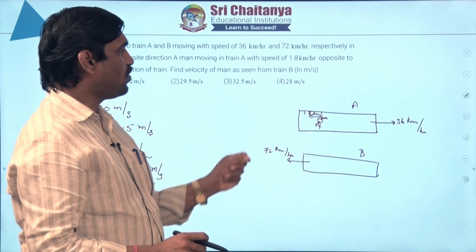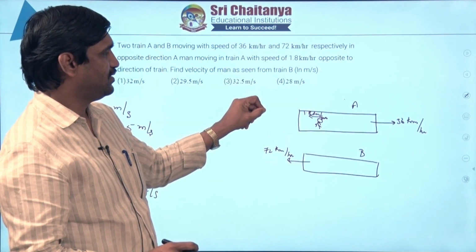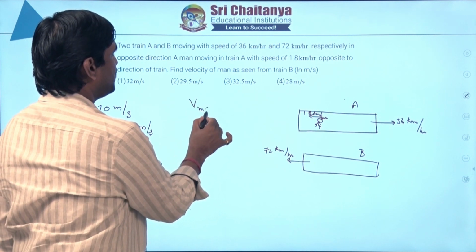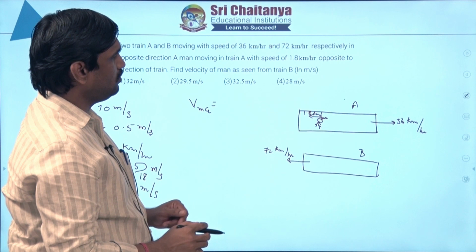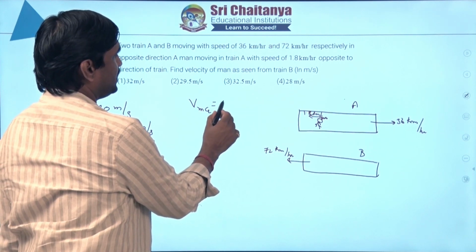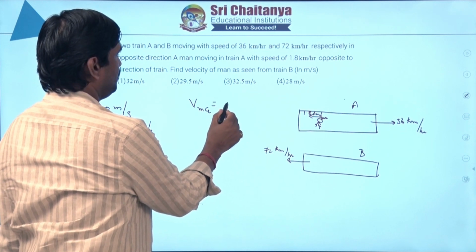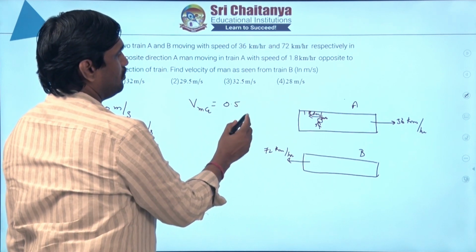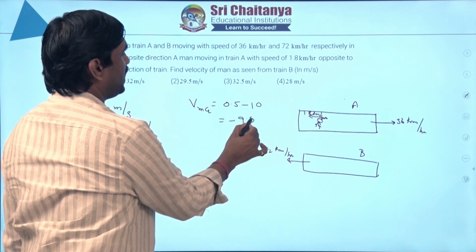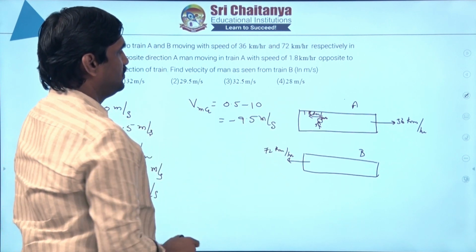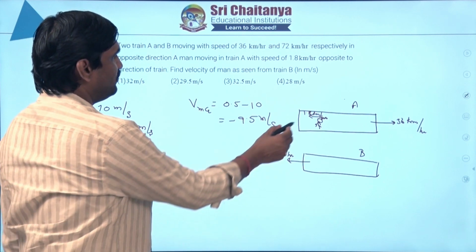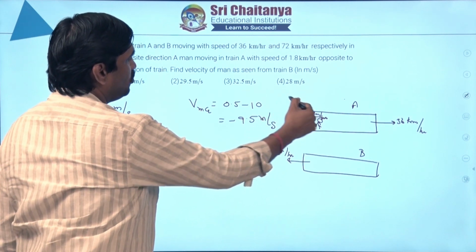And now what is the velocity of man with respect to ground? Velocity of man with respect to ground is equal to 0.5 minus 10, which is equal to minus 9.5 meters per second, which means with respect to this motion he is moving back.